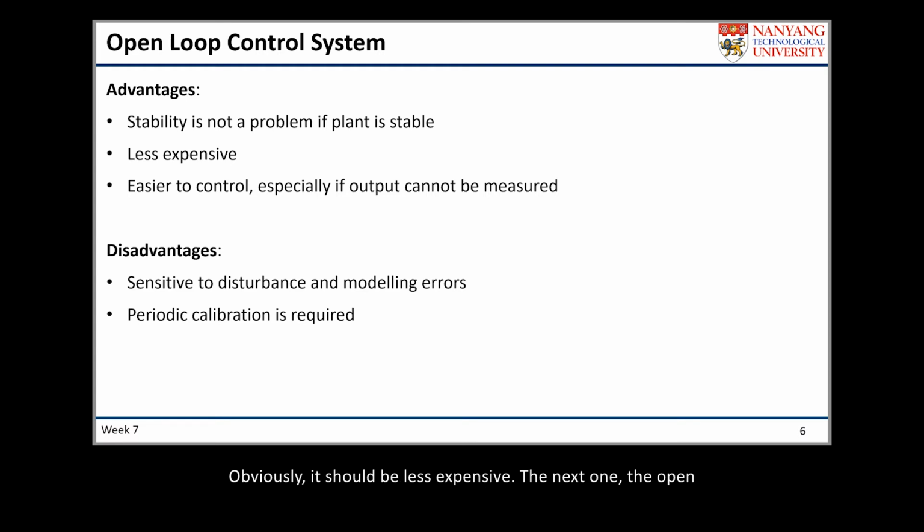The next one, an open loop system, somehow I can say it's easier to control. Control is not a proper word perhaps here, because an open loop system is not controlled. But imagine if you are using a heat pump solely to cool down your room. So you are not using a complete air conditioning system, you are only using a heat pump. It is easier to control. How to control it?